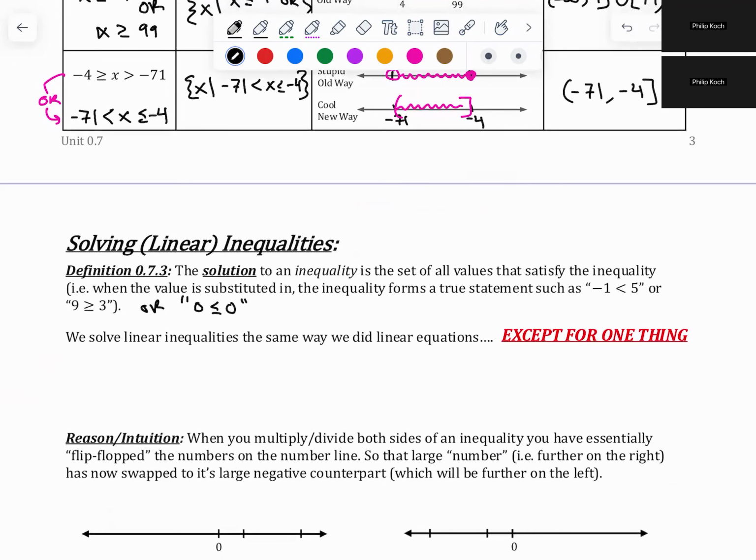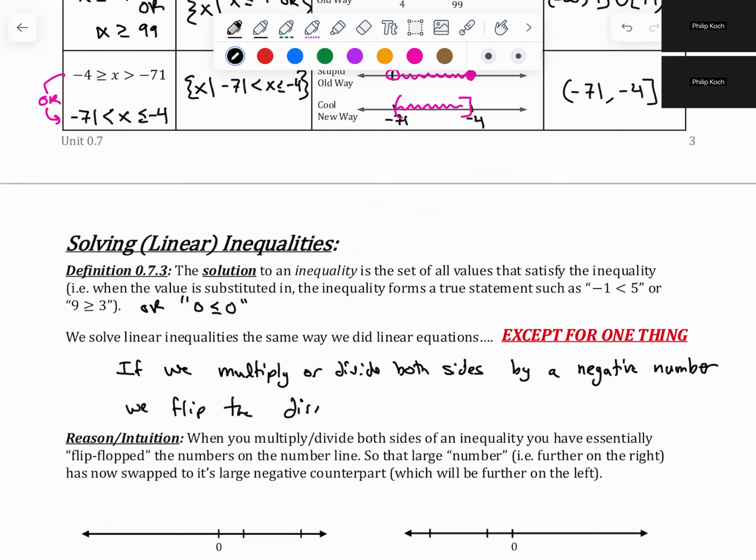If we multiply or divide both sides by a negative number, we flip the direction of the inequality. So if you multiply by -5 and it was a less than, it now becomes a greater than. If you divide by -2 and it was a greater than or equal to, it becomes a less than or equal to.